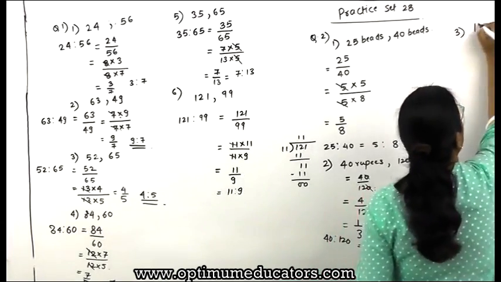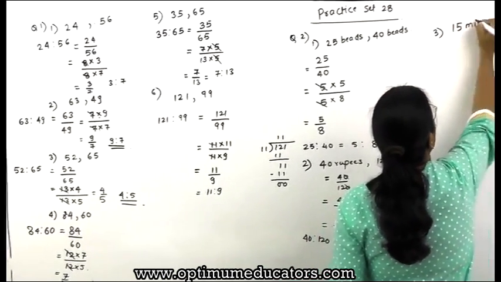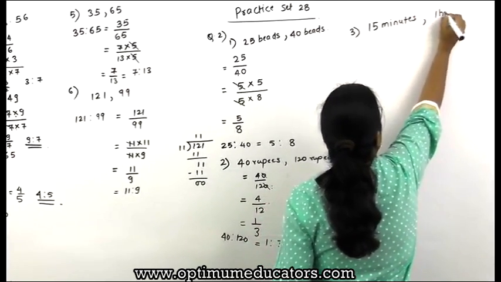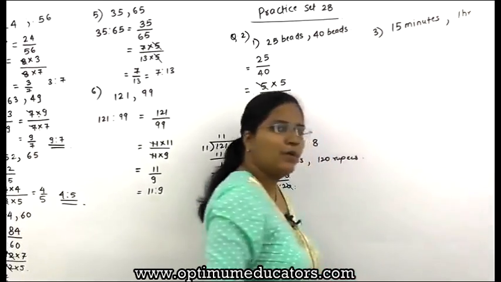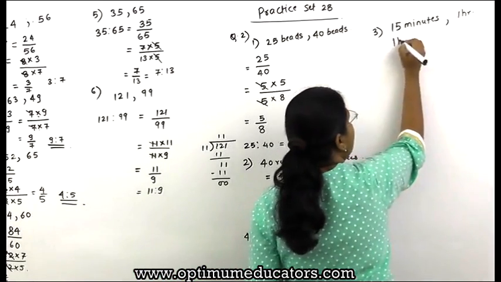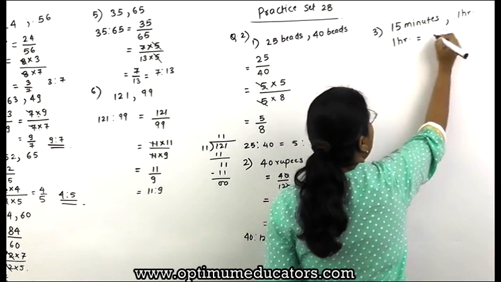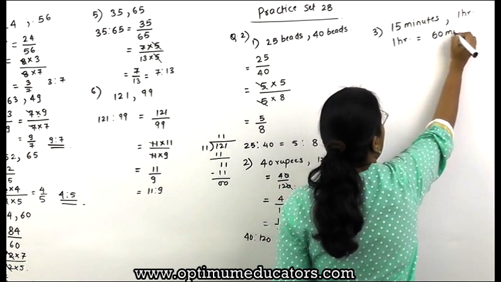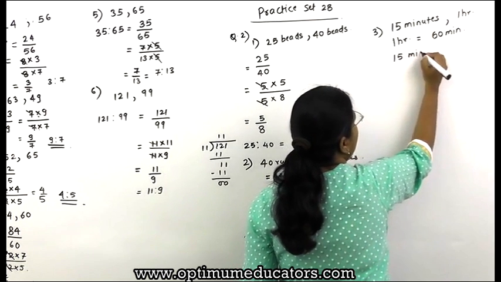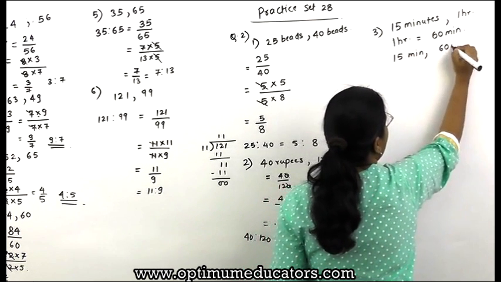15 minutes and 1 hour. Now what is 1 hour? How many minutes? 1 hour means 60 minutes, isn't it? So it is the same as saying 15 minutes and 60 minutes.